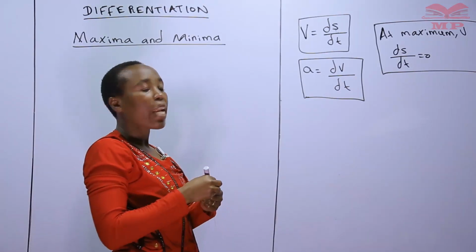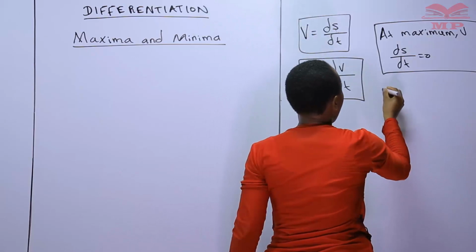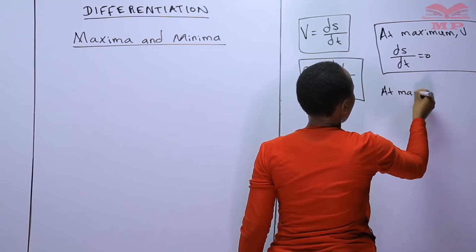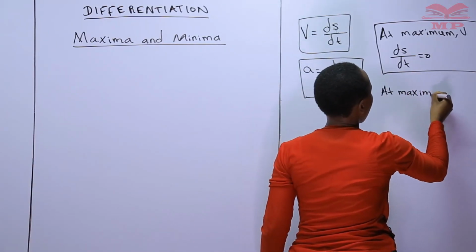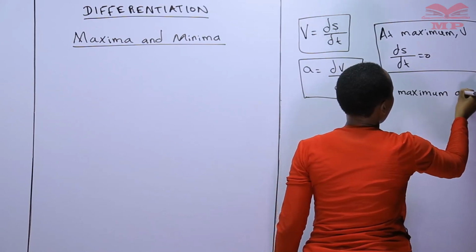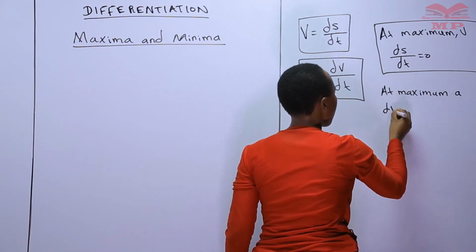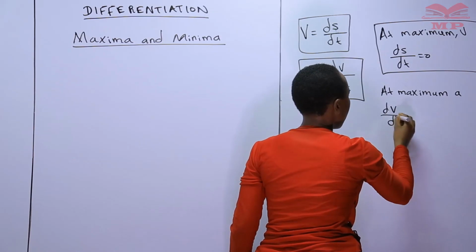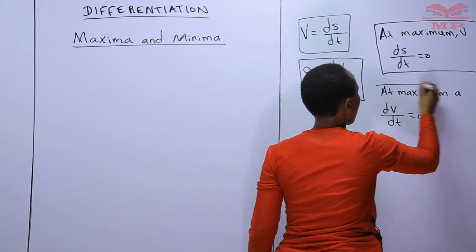It is at the turning point. Again, at the maximum acceleration, also dv all over dt is equal to 0.